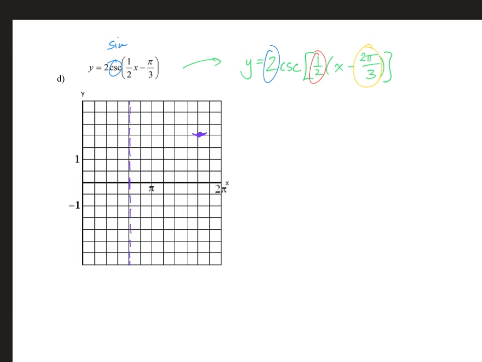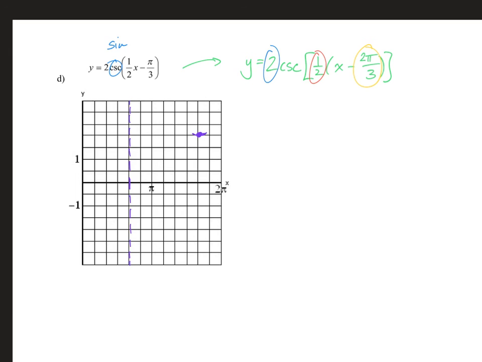Okay, I start to look at the rest of those features and I say, well, I know that I would have a local max that would occur out here, but clearly as soon as I do my horizontal stretch, that is going to get stretched way off the grid. Okay, well then that purple point that we dealt with is the only key point that we have on our graph. Okay, so how do we have then a relatively accurate picture?